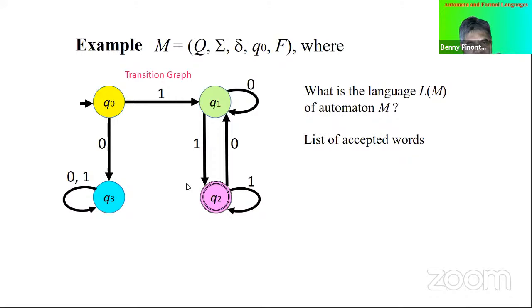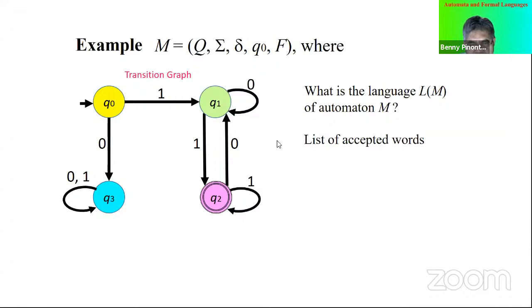Now this is the one from before. So what is the language of this automaton? We have to look at all the strings when we start from Q0 to the final. In this case there's only one final, so we can just say to the final, but if there are more, then to any final.